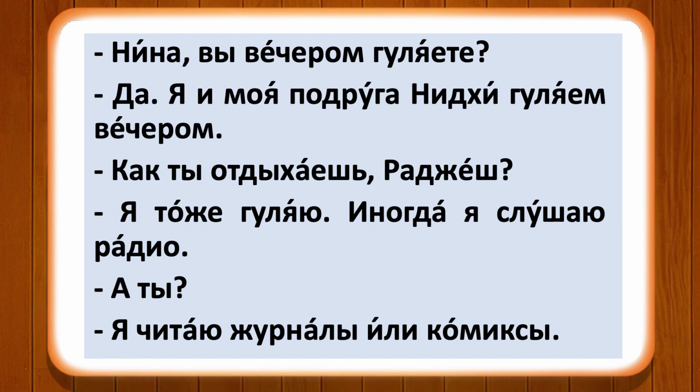Я и моя подруга, I and my friend Nidhi, make the form мы. So, we walk in the evening. We go for a walk in the evening. The form of the verb гуляем is used because я and моя подруга, I and my friend, make it мы.